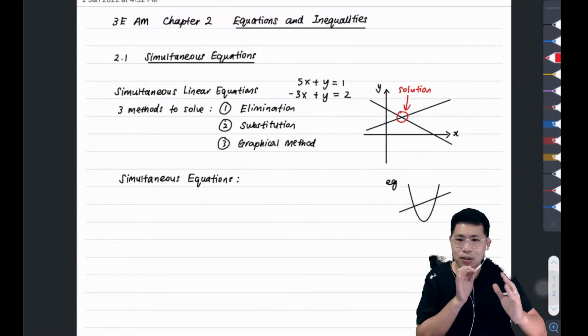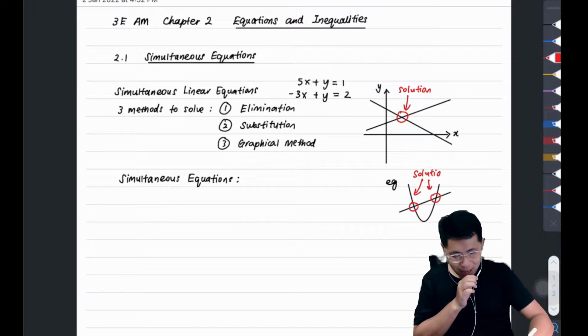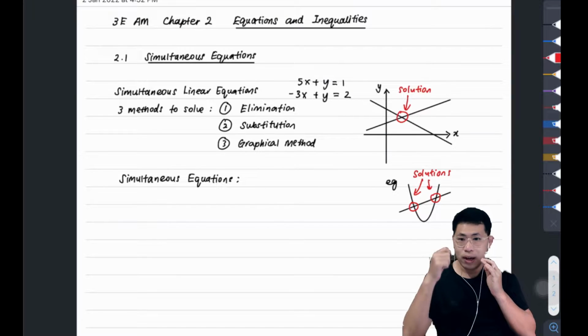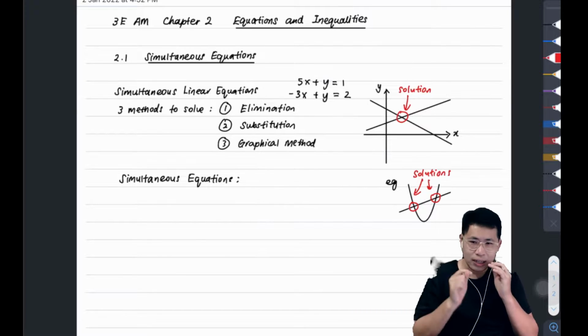How many points of intersection does it have? 1 point over here, another point over there, and instead of one solution like last time, now I have multiple solutions. It is no longer a linear equation; it is one linear and one non-linear equation.